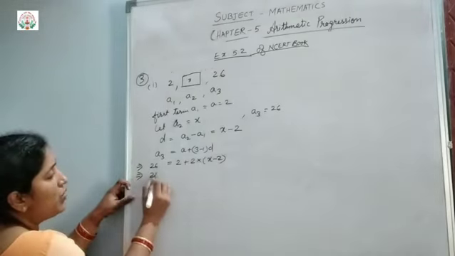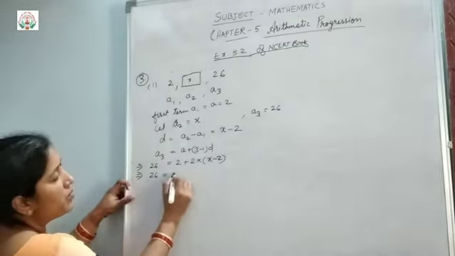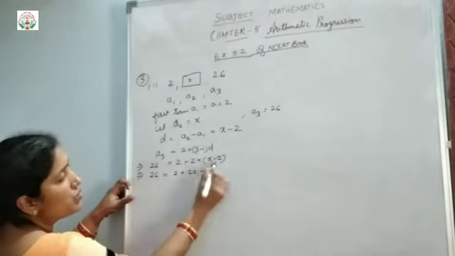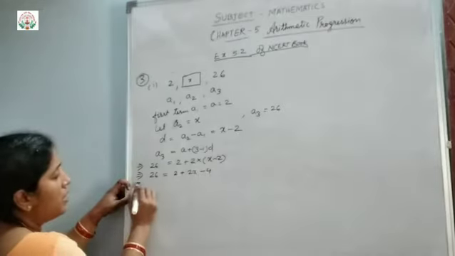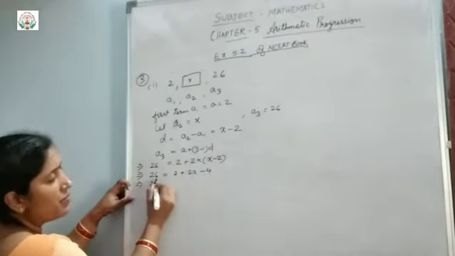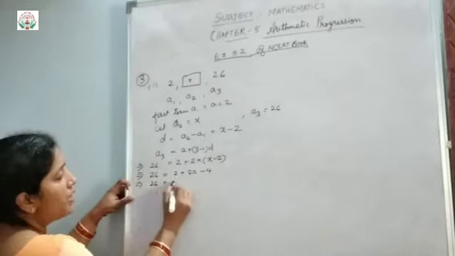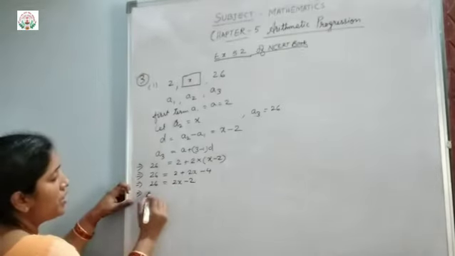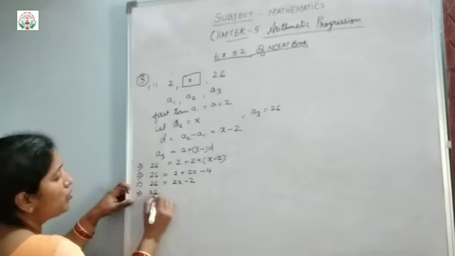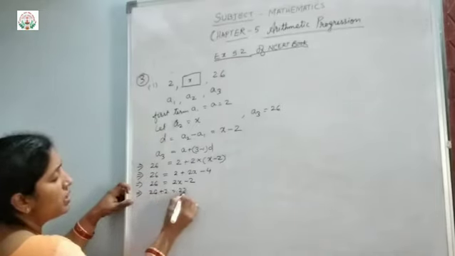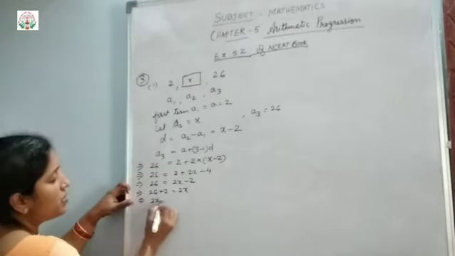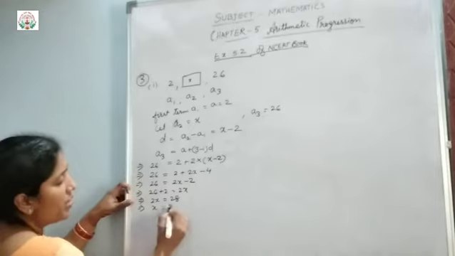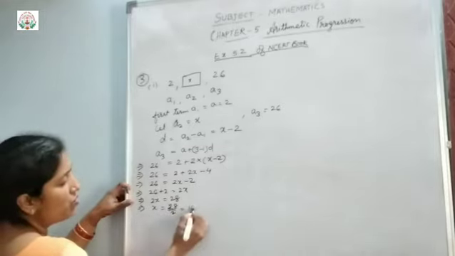Now multiply: 26 equals 2 plus 2X minus 4, so 26 equals 2X minus 2. By transposing, 26 plus 2 equals 2X, so 2X equals 28, so X equals 28 upon 2, which is 14.